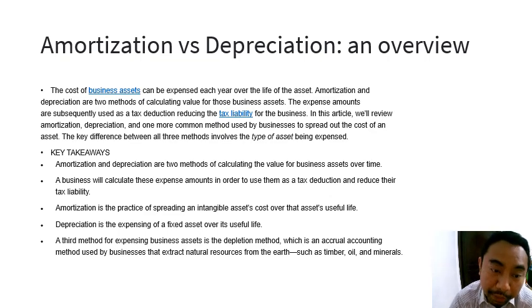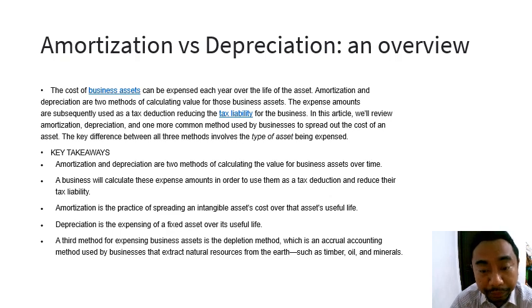The cost of a business asset can be expensed each year over the life of the asset. Amortization and depreciation are the two methods of calculating value for those business assets. The expensed amount is subsequently used as a tax deduction to reduce the tax liability for the business.